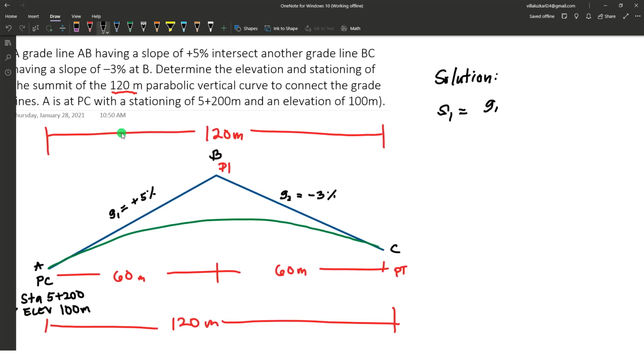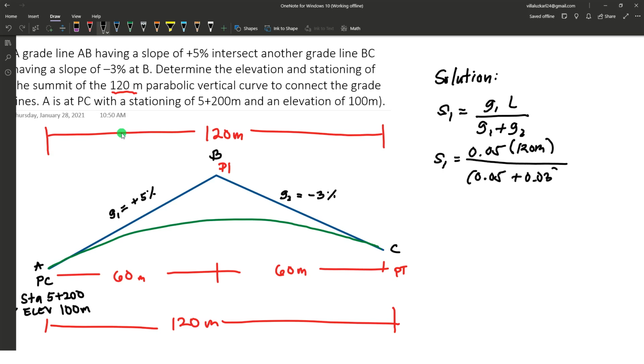S1 has a formula of G1 over (G1 plus G2) times L. Just ignore the sign for the grade of each tangent. So that's 0.05 and 0.03. Just take the absolute values so that we have a positive value of 75 meters when we compute S1.